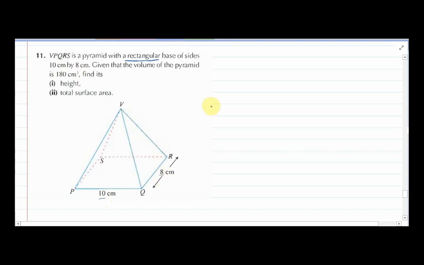Given that the volume of the pyramid is 180 centimeter cube. Find its height. In the first part you need to find the height, but before that I need to find the area of PQRS, that is the base area.